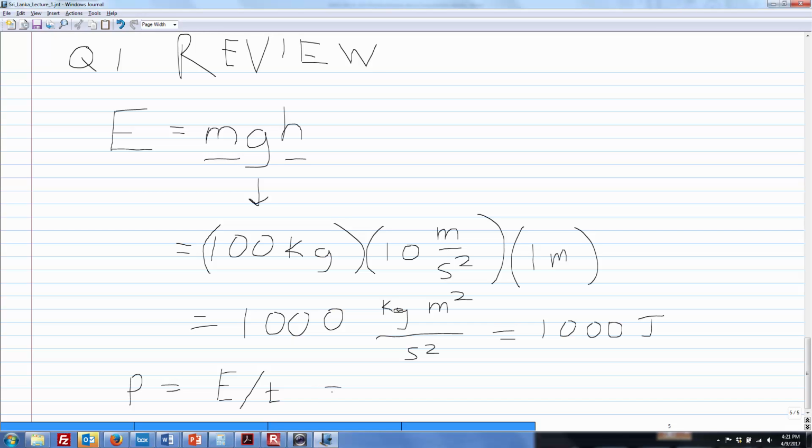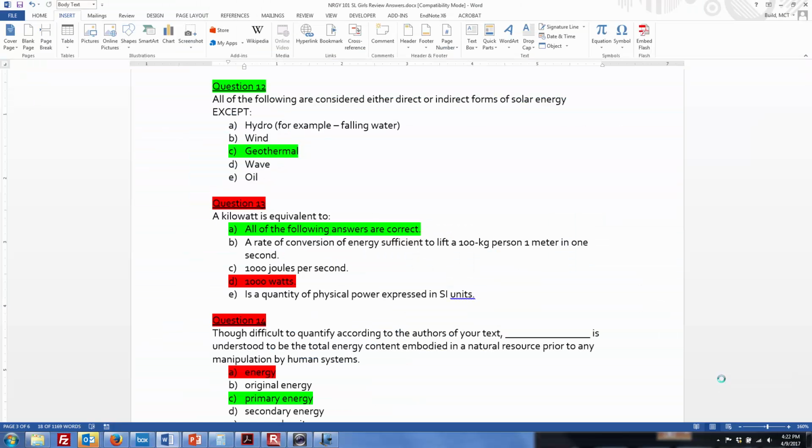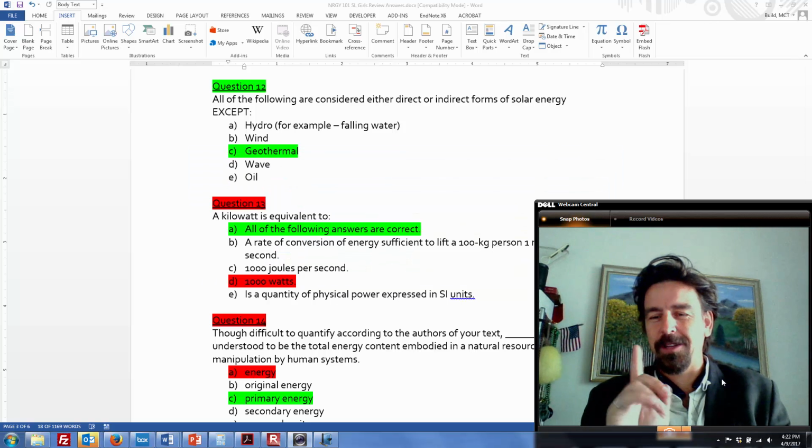Power equals 1,000 joules per 1 second, equals 1,000 watts, equals 1 kilowatt. Pretty cool, huh? Okay, so I'll review that one more time.